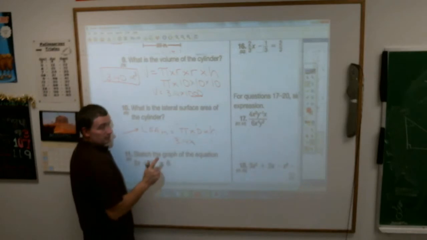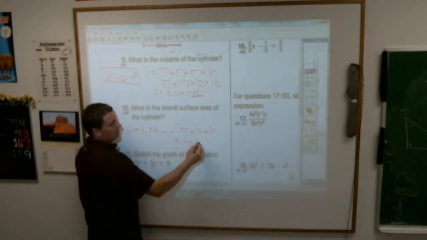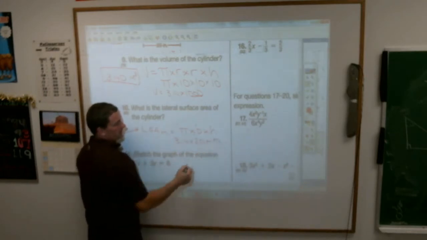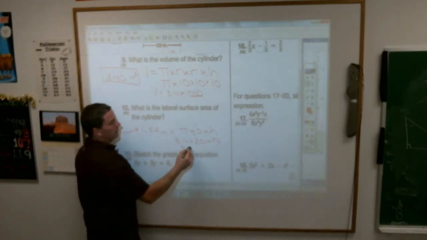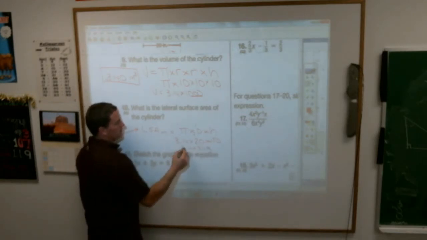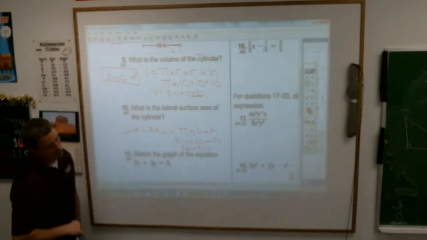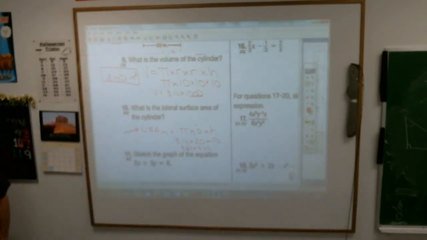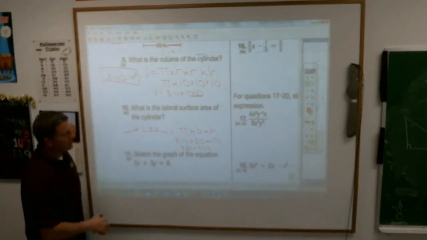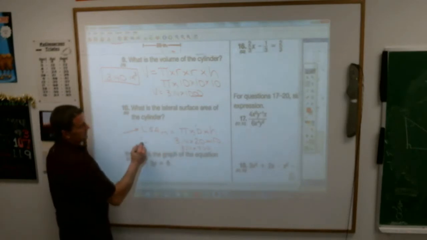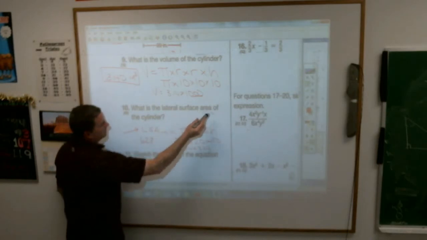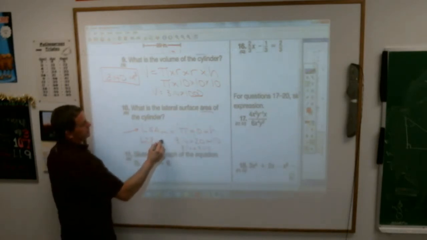What's the diameter? This time it isn't the radius, it's the diameter, 20. What's the height? 10. So it's 3.14 times 200, and unfortunately they didn't ask you to leave it in terms of pi. 3.14 times 200 is not that difficult a multiplication problem. Moving the decimals, 628. And this is area, so what's my label? Square units.